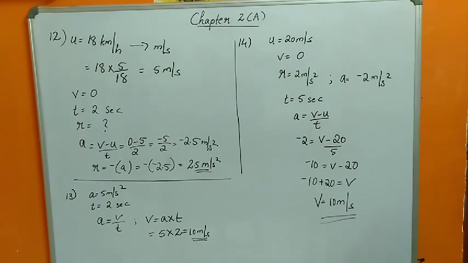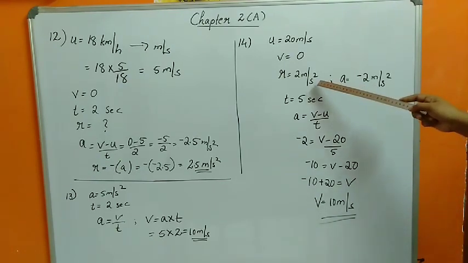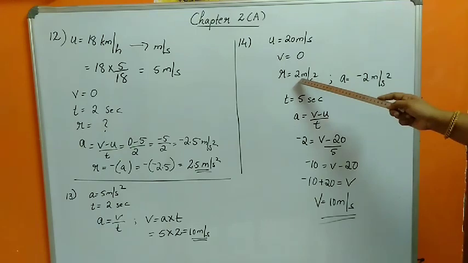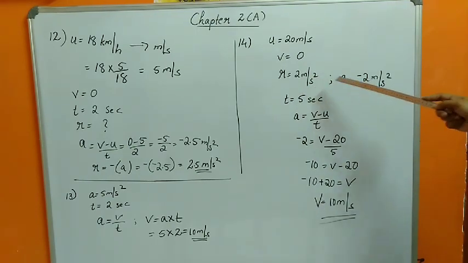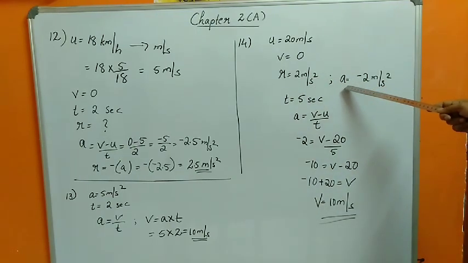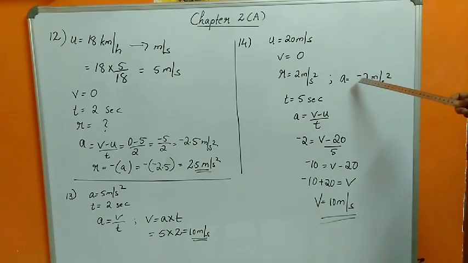The brakes are applied to retard it. When the brakes are applied, the car will have retardation, that is velocity will reduce. It will retard at a rate of 2 meter per second square. So retardation is given 2 meter per second square. So from that it is clear what will be acceleration? Negative of retardation. Just put a negative sign, that is negative 2 meter per second square.